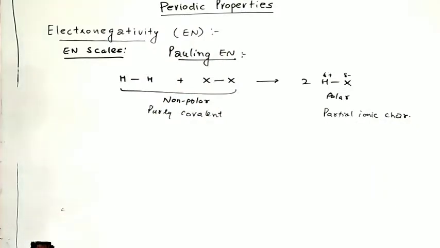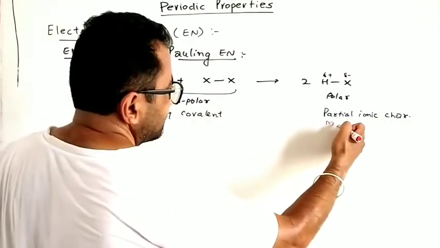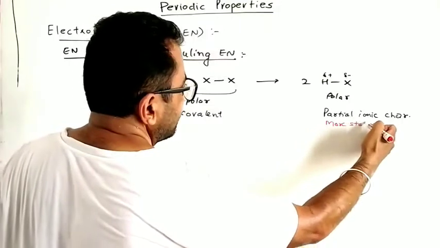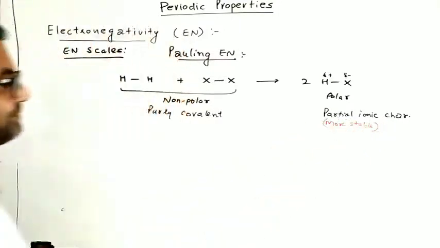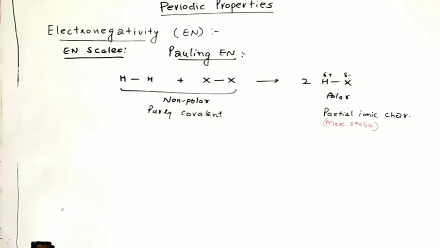Overall, we can say this HX is more stable because the force of attraction increases. So the electronegativity difference between the two atoms makes the molecule stable.